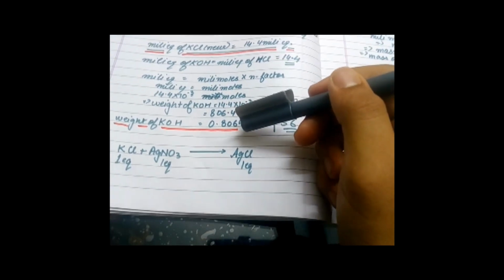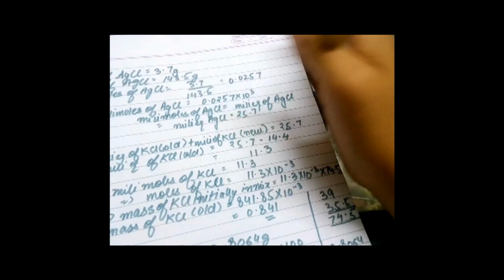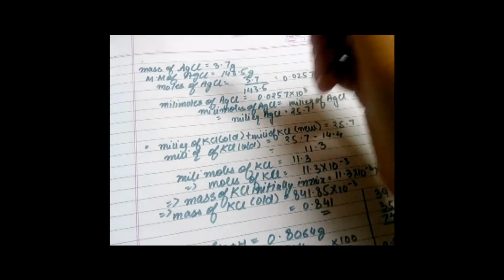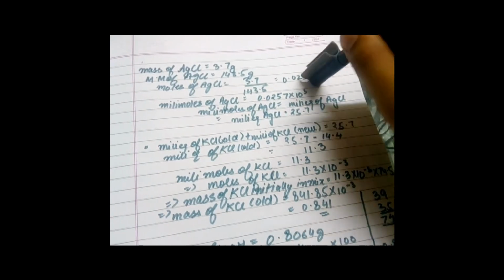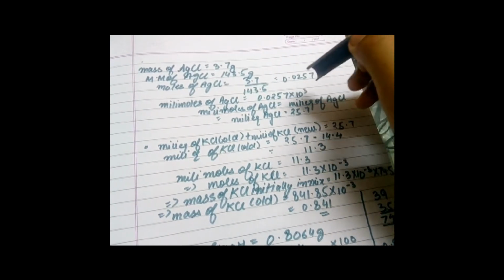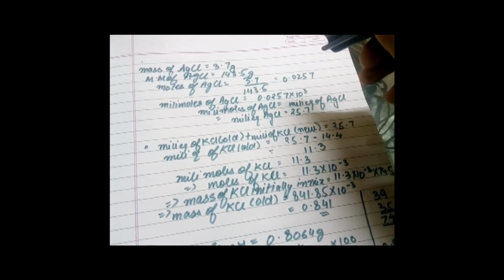The second part of our question, we will again write the equation. Don't worry if you don't know how to balance it. And then again you are given the mass of AgCl. From there we calculate the moles of AgCl in the equation.